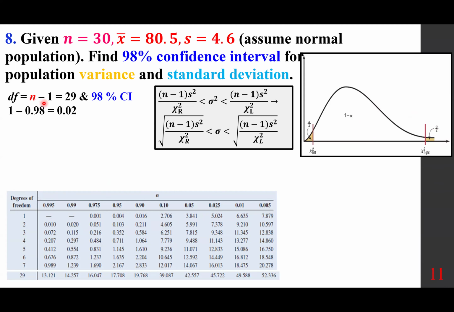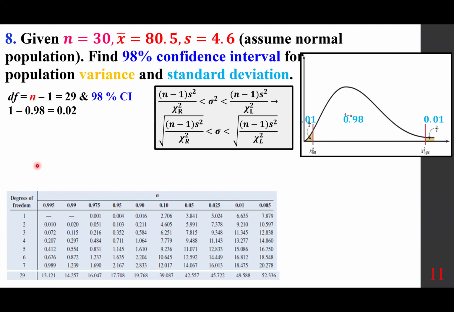Okay, so degrees of freedom is n minus 1, 30 minus 1 is 29, 98% confidence interval, 1 minus that is 0.02, which gives us 98% or 0.98 in between, and 2% divided by 2, 0.01 in each tail. And remember, in order to read the chi squared, we need two things. We need degrees of freedom, which is n minus 1, 29. So on the left side, you have to locate the degrees of freedom. It's not a big deal. It's very straightforward. Okay. And we also need the area to the right.